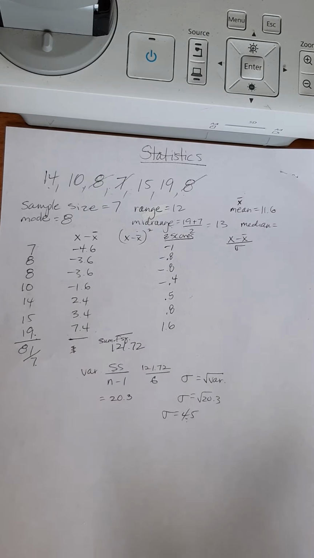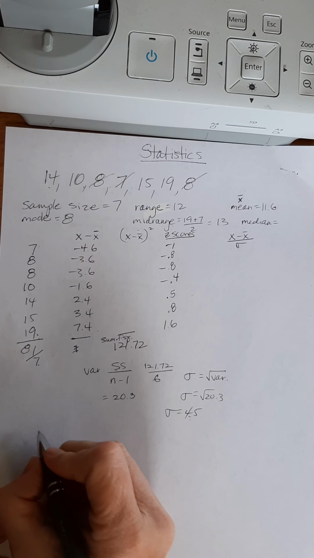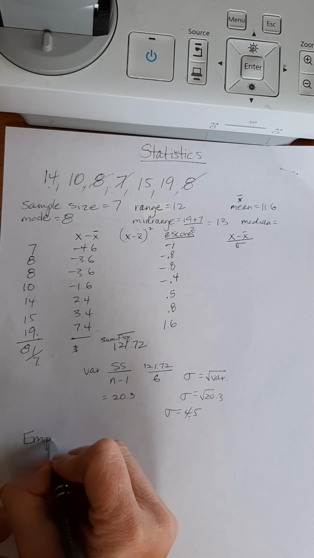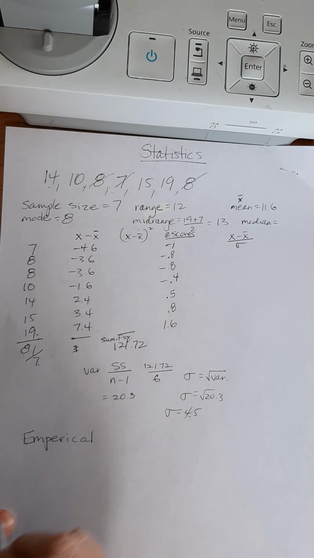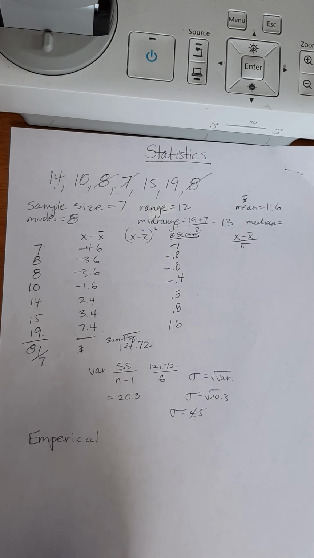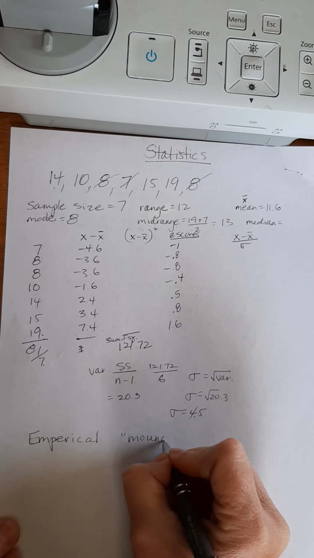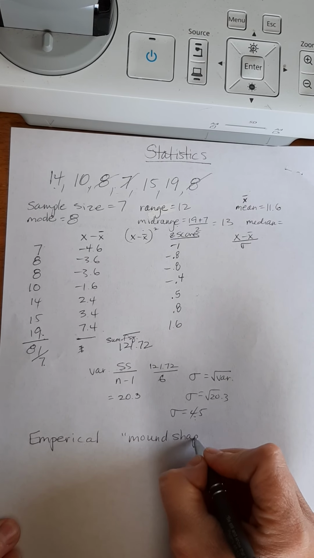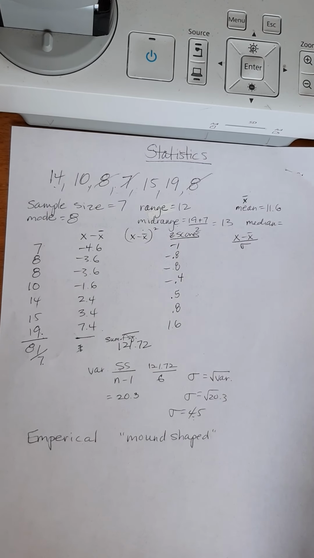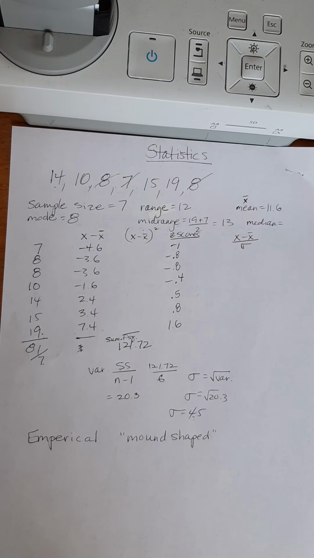And the last thing, since we're not getting too deep into it this year because of the coronavirus, the empirical rule. The empirical rule is if the data is mound-shaped, in other words, remember the most famous mound-shaped data is called a bell curve, which sadly we won't get to.